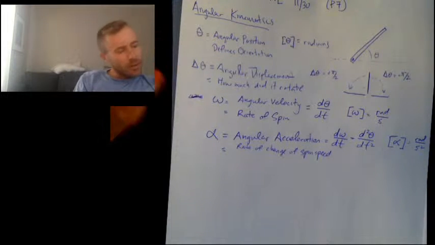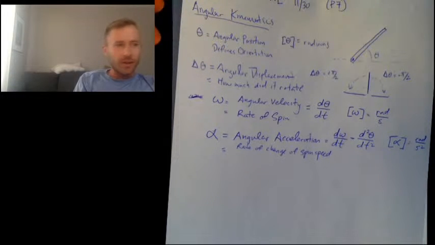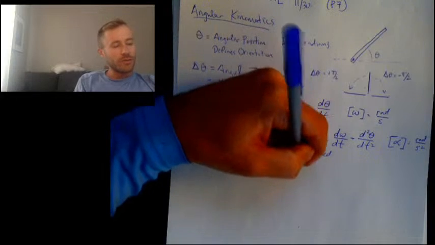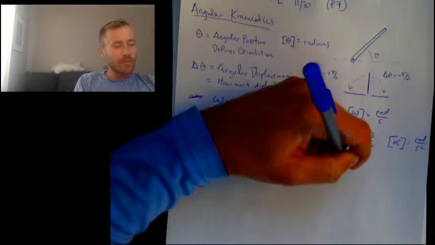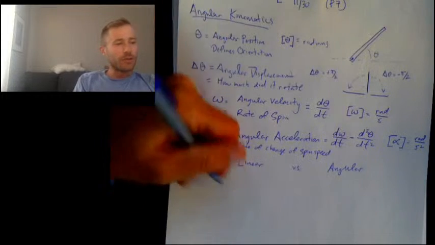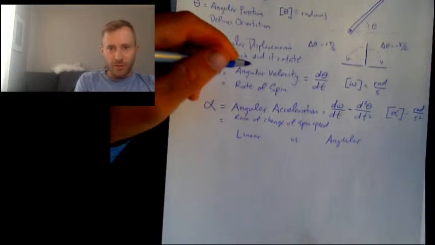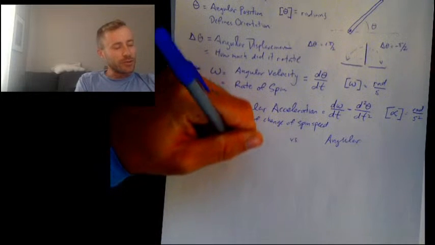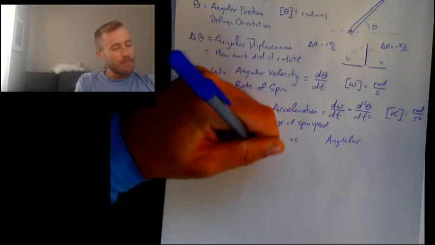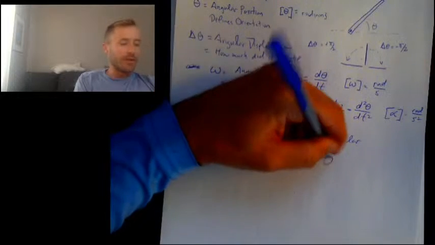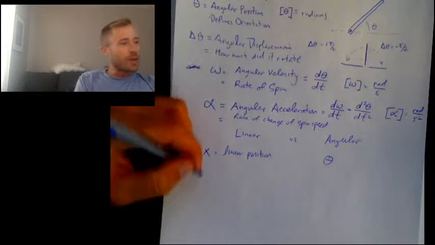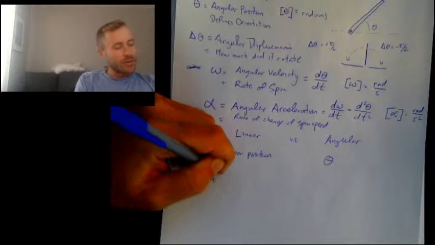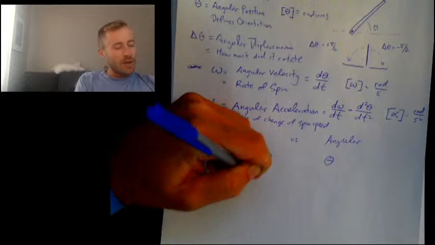So there's obviously a connection between linear quantities versus angular quantities. If we think about when we studied linear motion, we had x, which is your linear position. Now we have theta, which is your angular position. We had v, which is defined as the derivative of the linear position. That's your linear velocity.